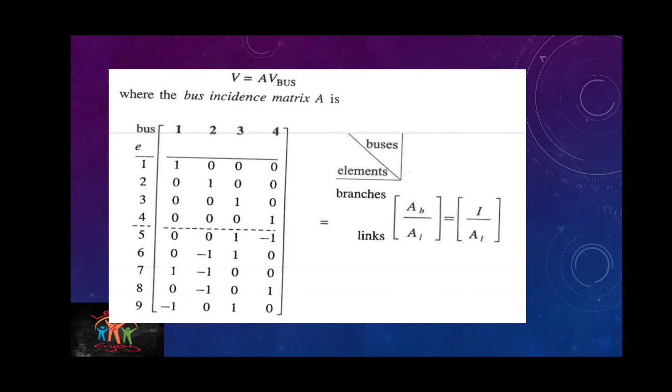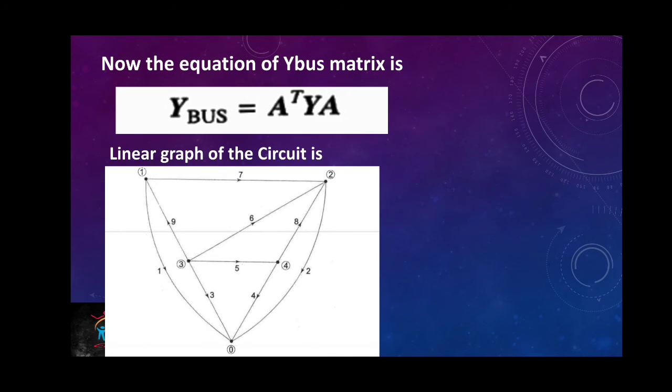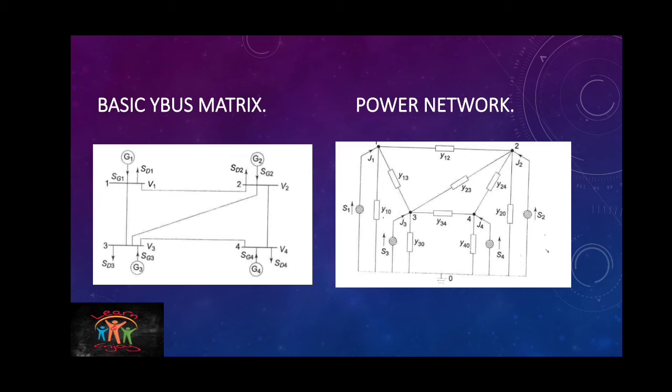Okay, you can see here. I will show you, wait just a minute. Okay, so you can see in a power network, what is y11 here? y10 plus y13 plus y12. Okay, get it? Now we want to find y22. What is y22? All the admittance connected to node 2. So y12 plus y23 plus y24 plus y20.